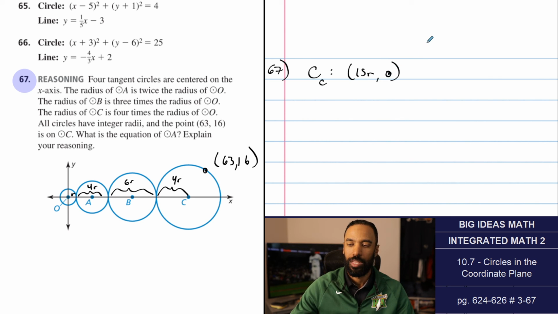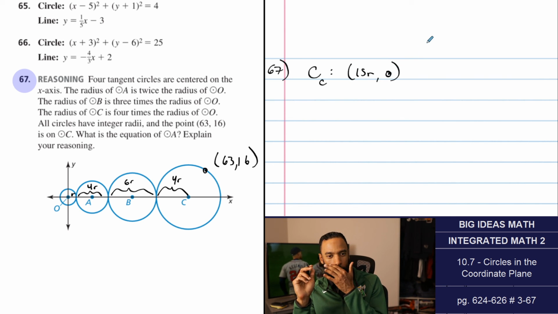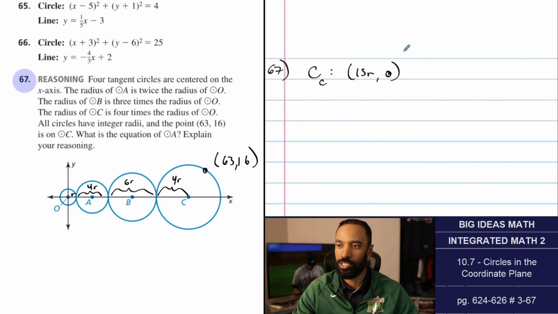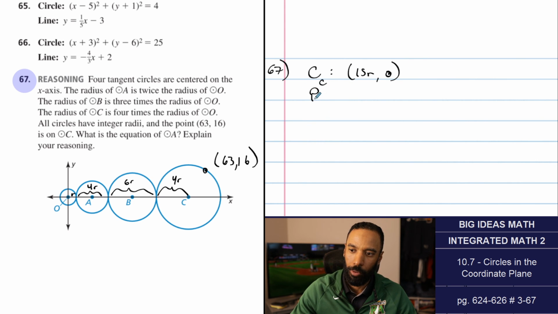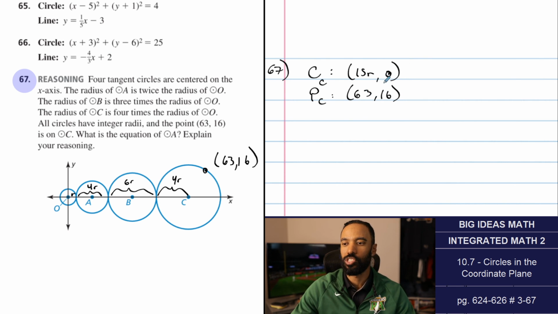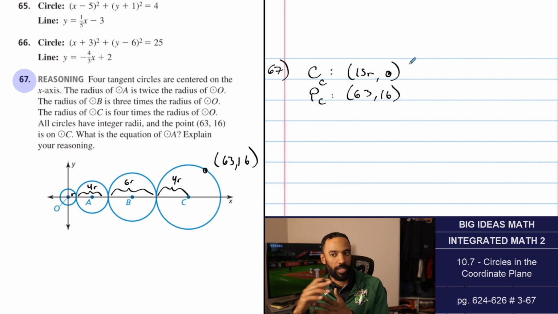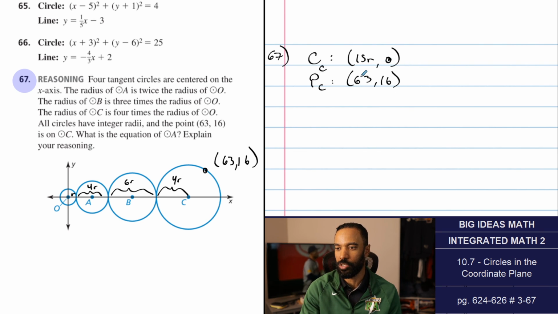The only place I can think of where to go with this, all circles of integer radii, and the point 6316. The only thing I can think of is there's another point on C, which is 6316, and somewhere we need to do the Pythagorean. Well, this time I'll do distance formula. I think this one applies a little bit better because there's an R here.